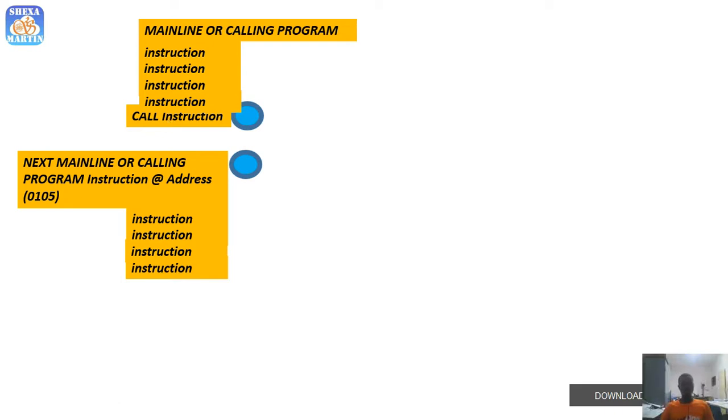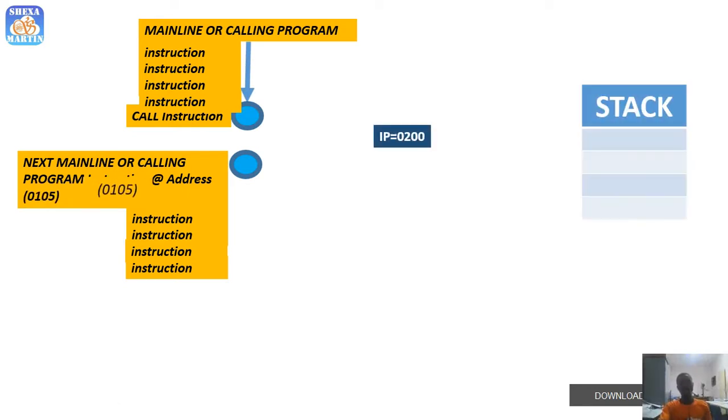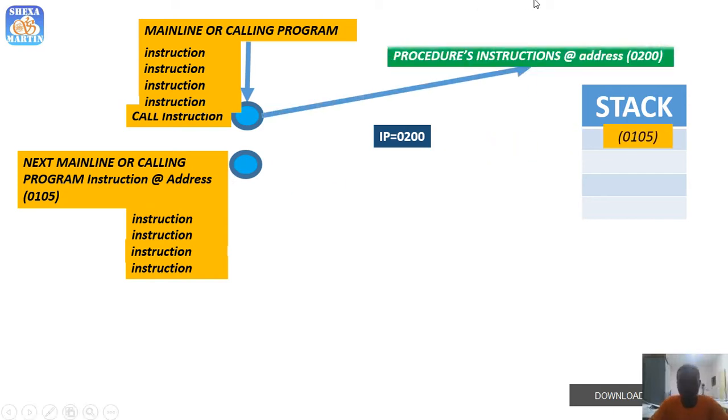What happens when you get to the call instruction? I have already told you this. The main program is interrupted here by the call instruction. It's running from top to there, then IP, the instruction pointer, gets the value 0200.